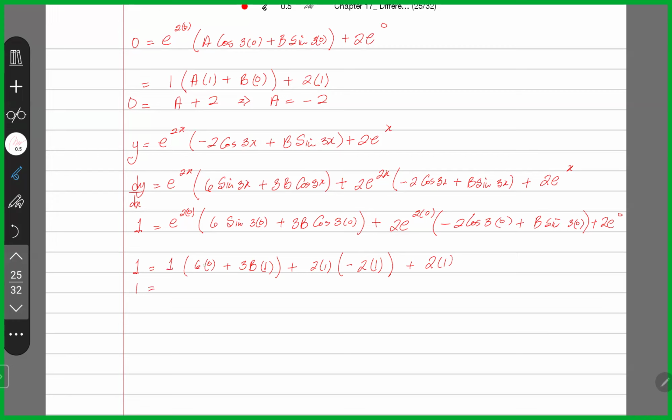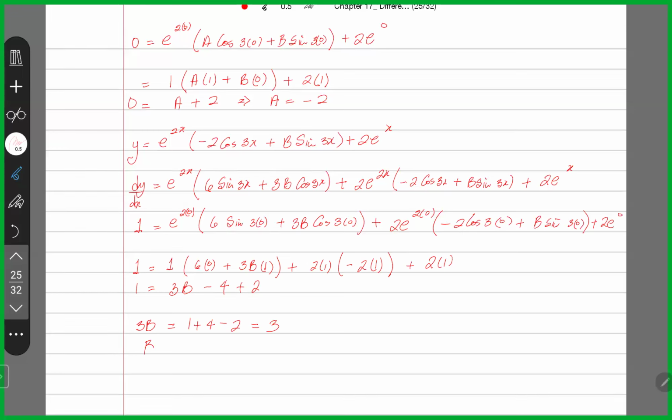What we have here, that gone, we have 3b minus 4 plus 2. So here we have 3b is equal to 1 plus 4 minus 2, which is 3.